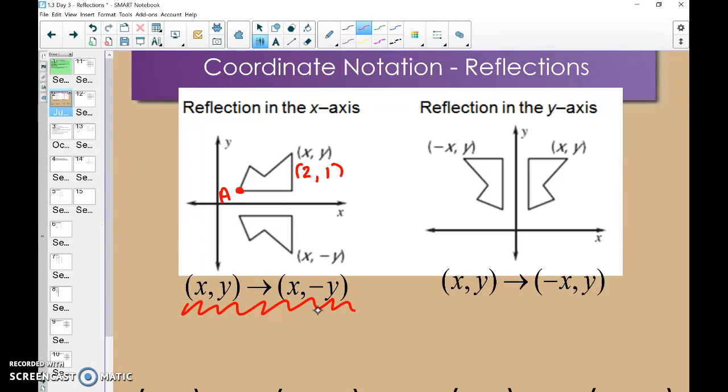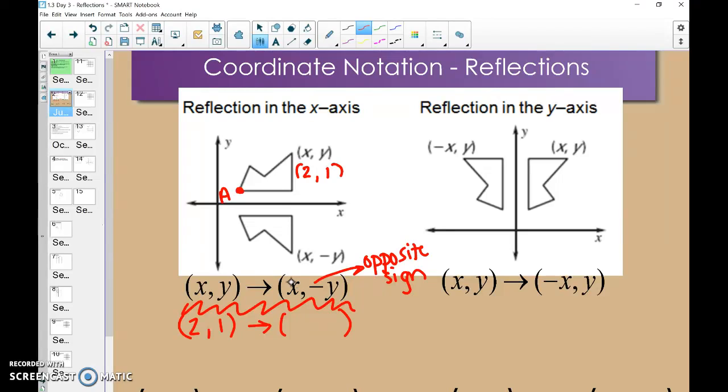What this rule says is that if I start out at 2, 1, which is x, y, it's going to reflect, and the x will stay the same, and the y is going to have the opposite sign. That's what that negative in front means. It doesn't mean negative all the time, every time. It just means opposite sign.